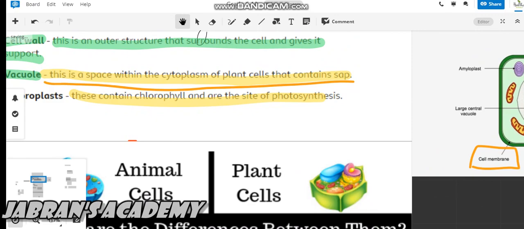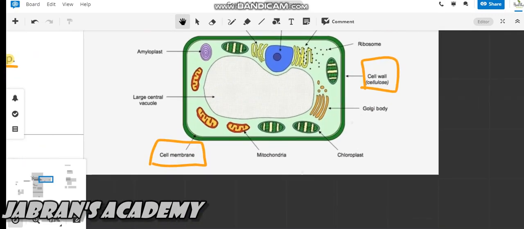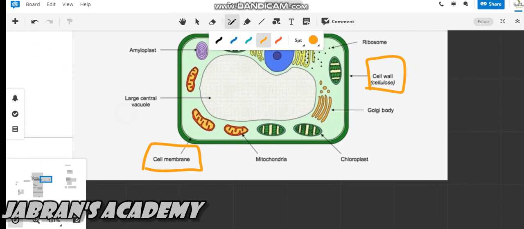And what does that mean? It is present in the center of the plant cell. You see, this is the central vacuole that contains cell sap. That is the empty space in which the liquid and the minerals absorbed from the soil are stored.